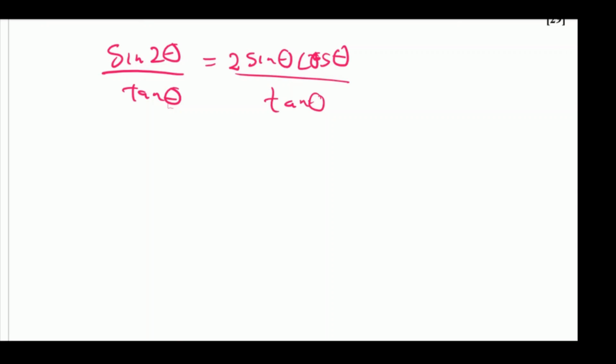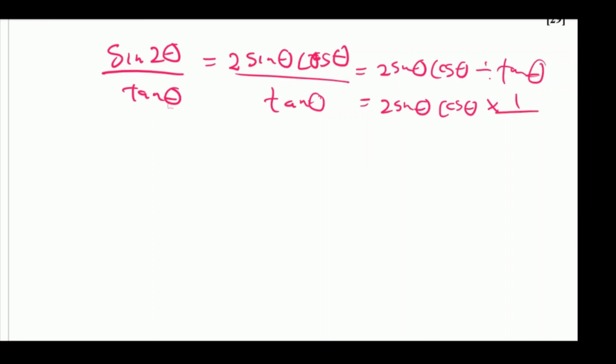And this is division, so this means now 2 sine theta cos theta divided by tan theta, which is equal to 2 sine theta cos theta times 1 over tan theta, of which tan theta is equal to sine theta over cos theta.